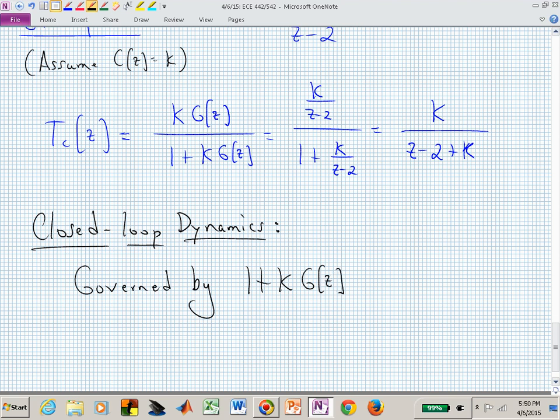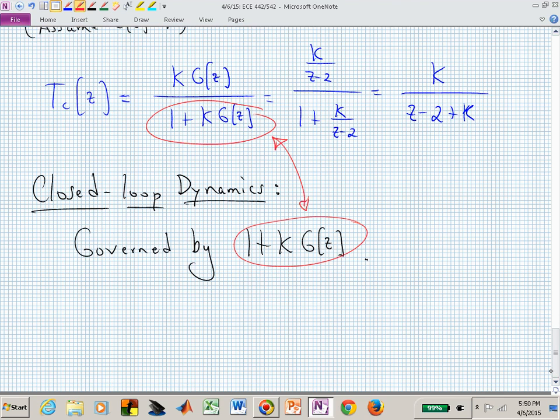1 plus kG of z is governing those dynamics, and that's just this guy, isn't it? That governs the closed loop dynamics, 1 plus kG of z. Or you could think of it in another way. You could say, I'm interested in the roots for my closed loop dynamics.